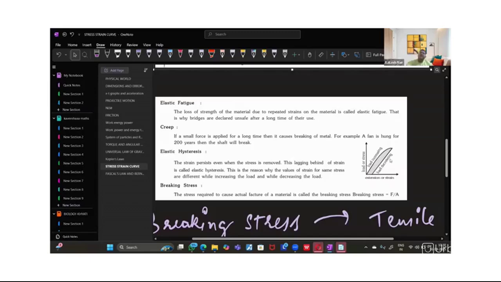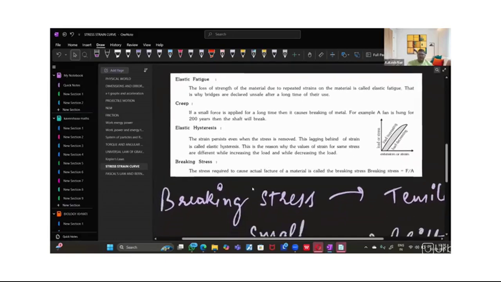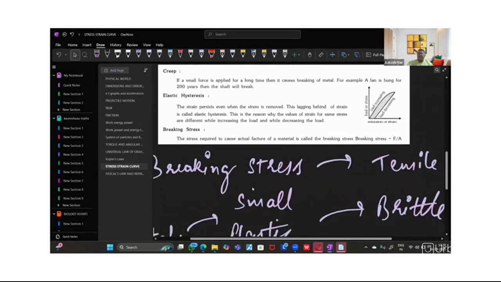The curve which we can see in the hysteresis graph of ferromagnetic substances in the magnetism chapter, the same hysteresis concept is used here also, which we will be studying in class 12. This is the reason why values of strain for the same stress are different while increasing the load and while decreasing the load.